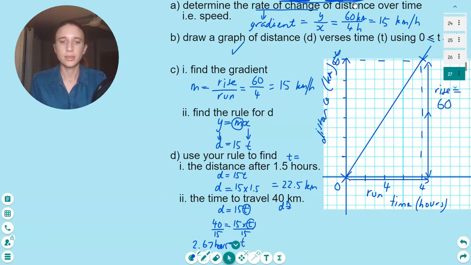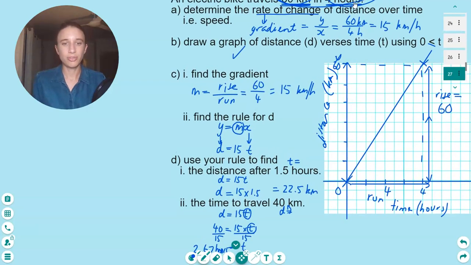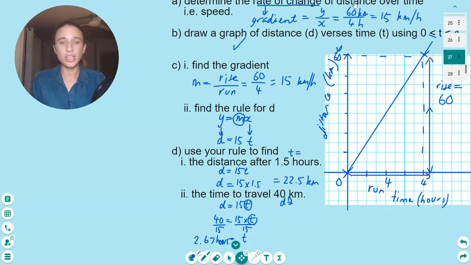And yeah, you could convert that to hours and minutes too, if you like, but I'm not going to cover that in this video for the interest of time. Now, you can always double check this with your graph too. So at about 3 hours, what's the graph doing? So 2.67, so this is about 2.5 hours. So let's check this. We've got 1 hour, 2 hours.